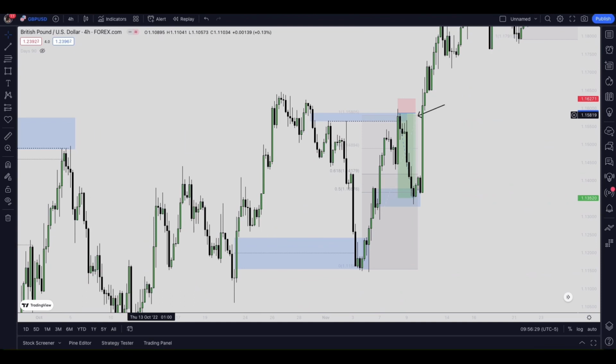One more thing that I want to note is that areas with higher amounts of consolidation, meaning more lower highs, higher lows in one area, means that area is high resistance.